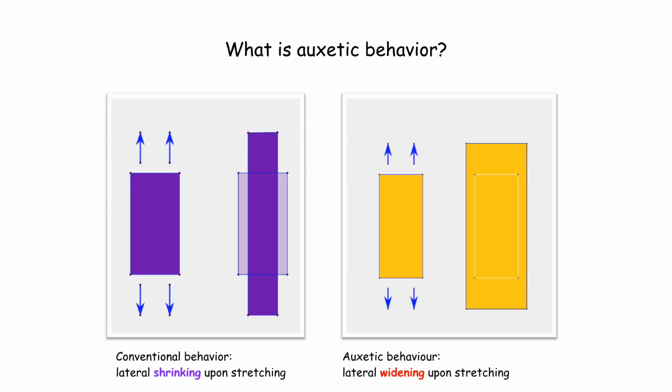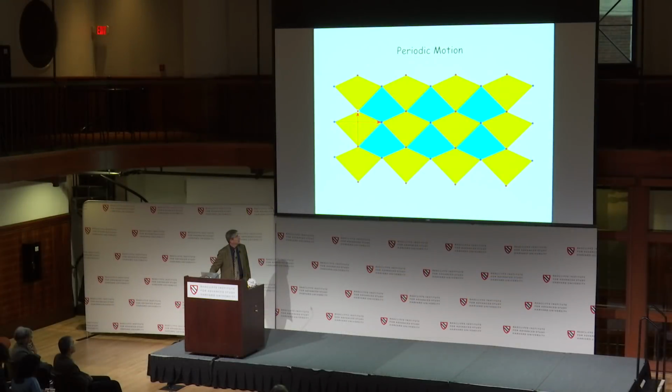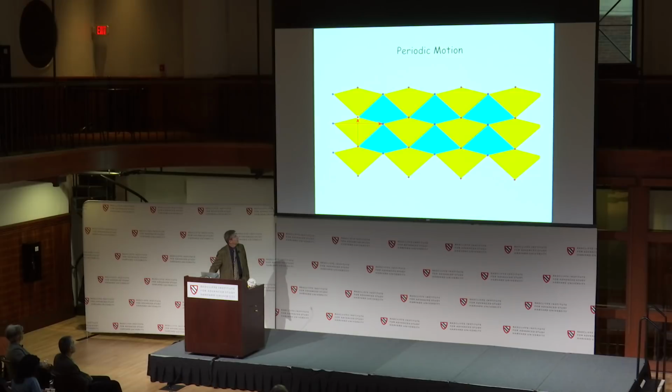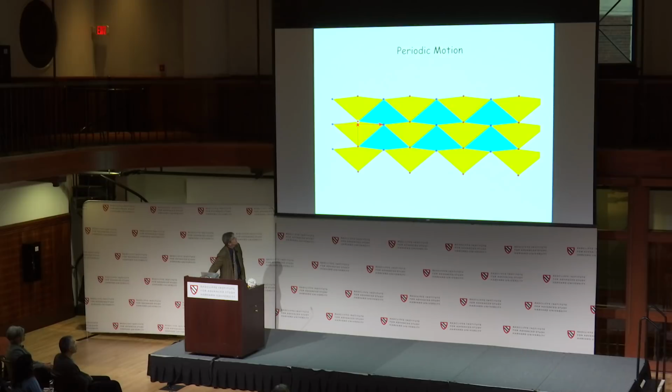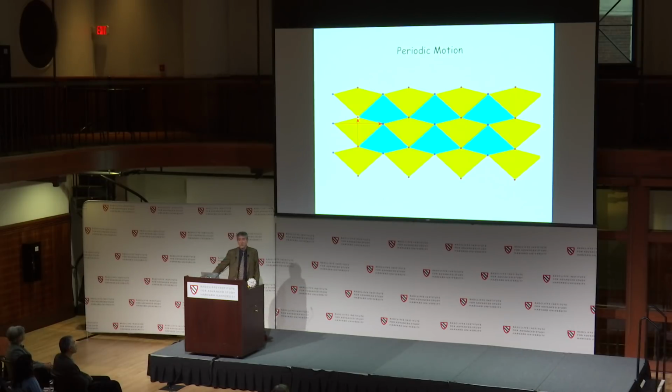And we have now the challenge, if we go back to this behavior here. Now I indeed increase in both directions. By the way, the word auxetic comes from the Greek word which means tendency to increase.